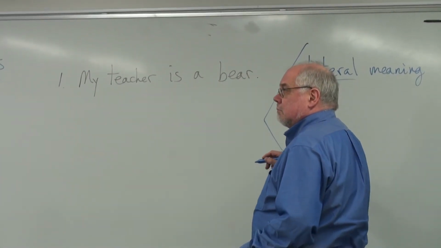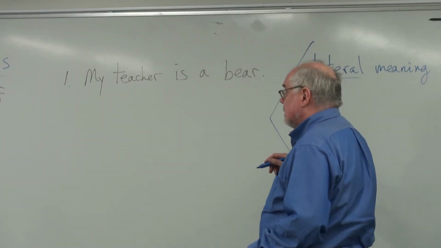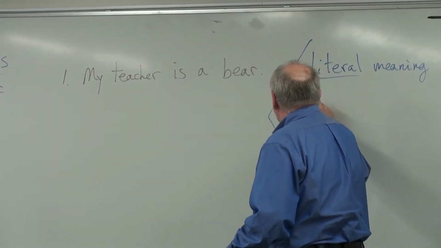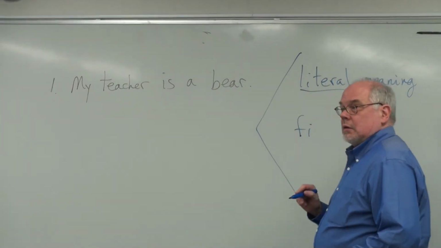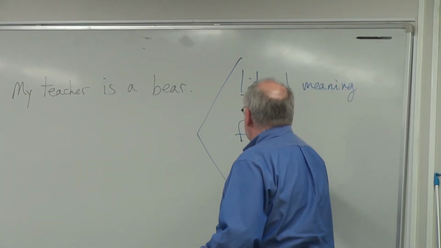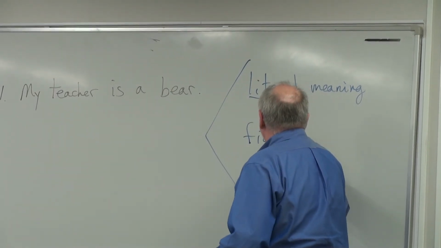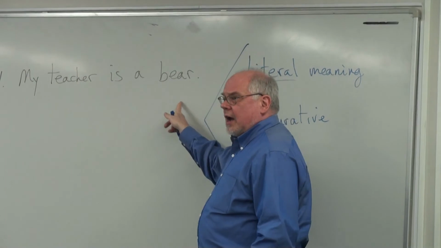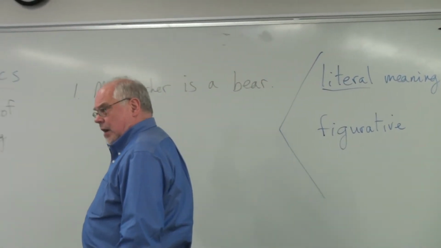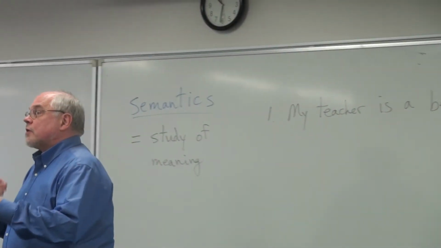Implied, could say, or the opposite of literal is usually figurative. In other words, the sentence doesn't mean what it appears on the surface to mean. There's a figurative meaning. Bear doesn't really mean its direct referent, that animal. It means something else. Okay?